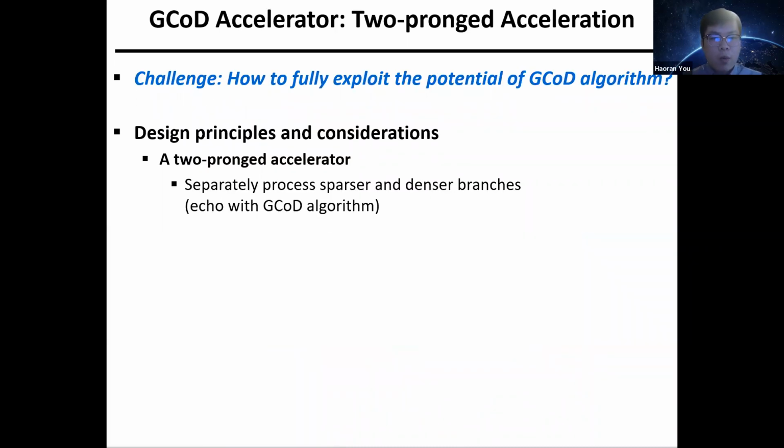Then we will go to the GCoD accelerator. For the GCoD accelerator, the challenge will be how to fully exploit the potential of the GCoD algorithm. To tackle this challenge, we consider 3 design principles. The first one is the two-pronged accelerator that can separately process sparser or denser branches, which will be echoed with the GCoD algorithm.